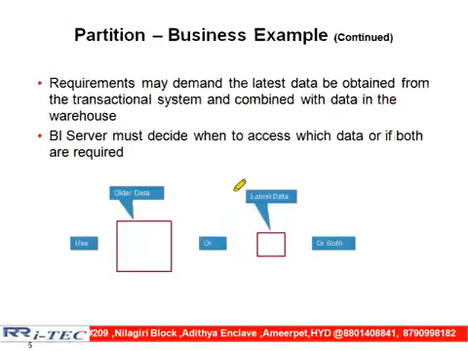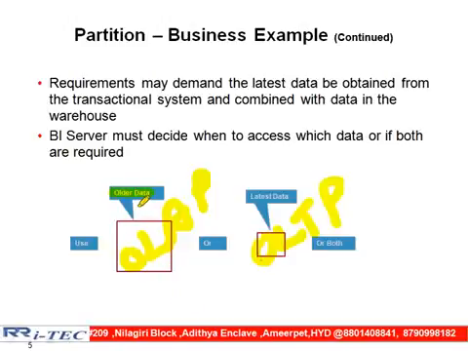Partition business example: everyone knows our data warehouse contains older data or historical data. This is our OLAP. And our latest data is contained in one area called OLTP.